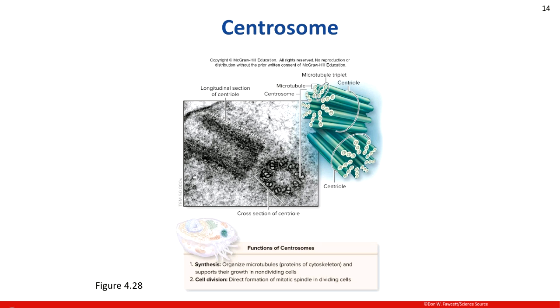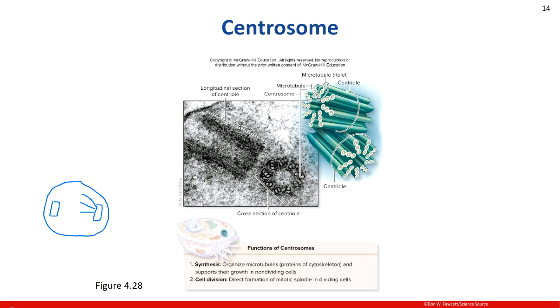Essentially what we'll see here is, you got your cell here, and then normally they stay in this configuration, perpendicular to one another, okay? But when it's time for the cell to divide, what they'll do is one will go to one end of the cell, the other will go to the other end of the cell, and then they create what's called the mitotic spindle.